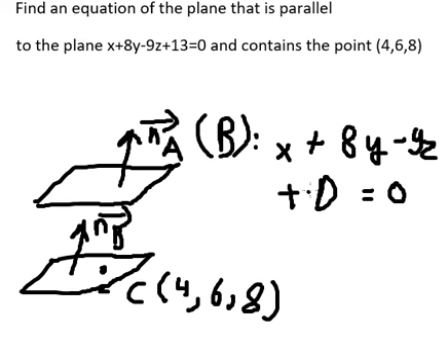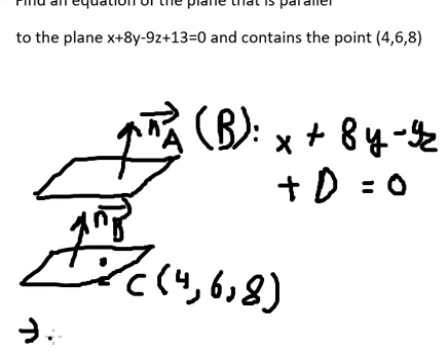To calculate D in here, we just put the values 4, 6, 8 in here. So we can find the value of D, and we can get the final answer.